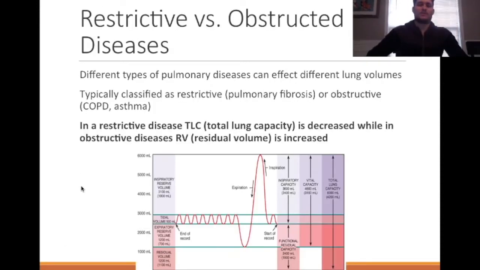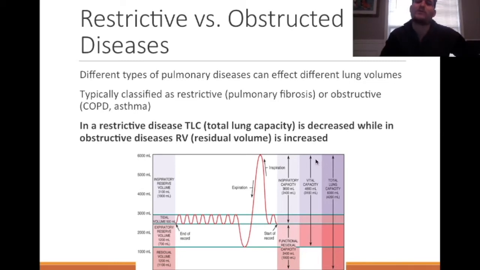All right, so as we know, chronic obstructive pulmonary disease is present in a lot of those who smoke. So first, what is an obstructive disease, and how does that differ from a restrictive disease? Depending on what type of disease you have, it can impact your lung volumes in different ways. A restrictive disease typically will impact your total lung capacity, and that's when you take a max inhale, when your lung is completely full.